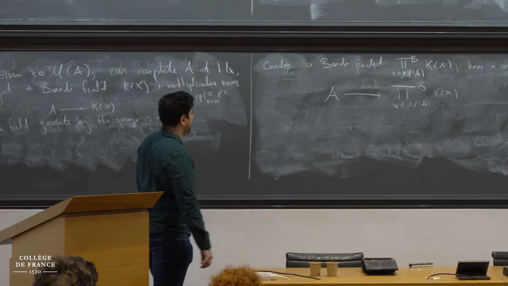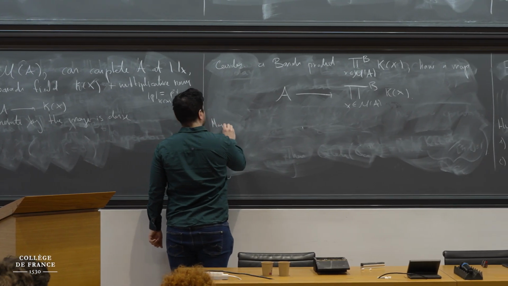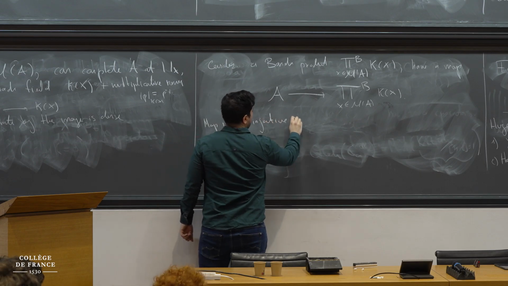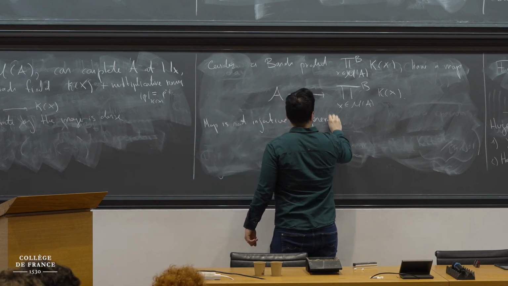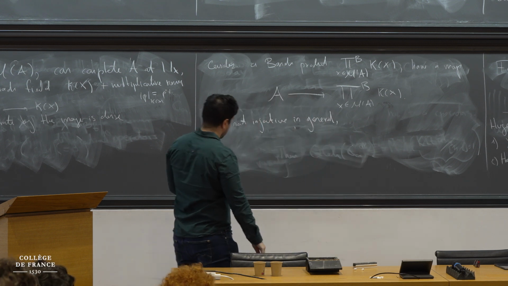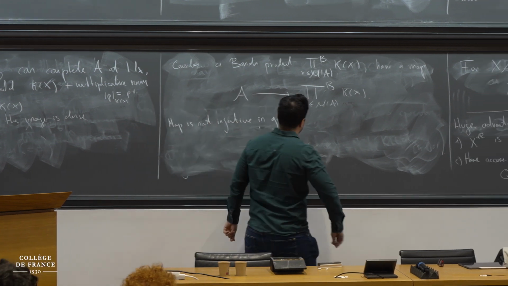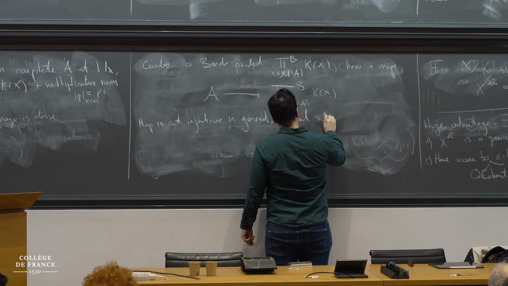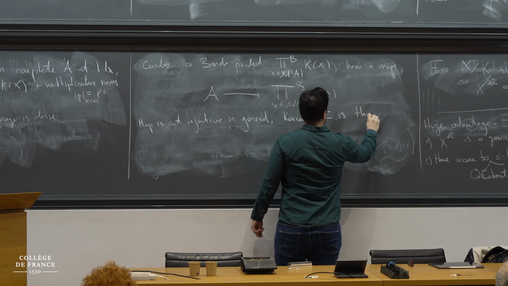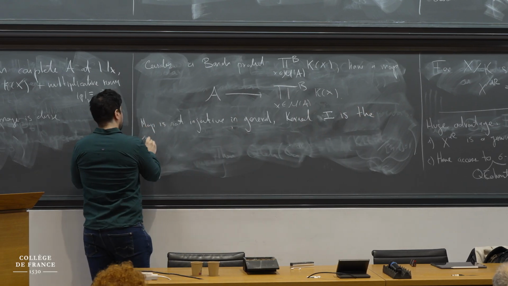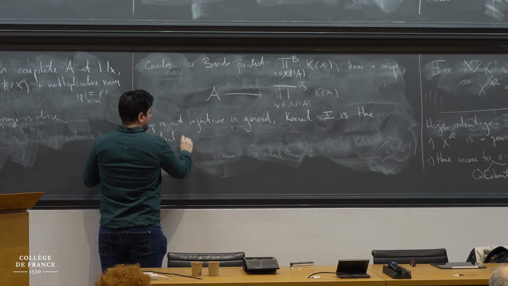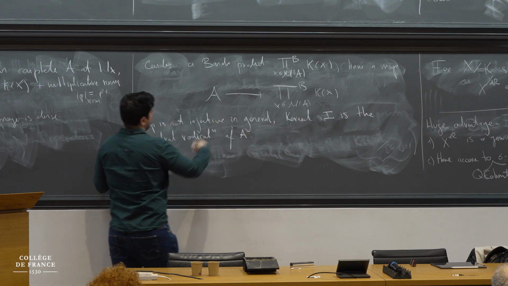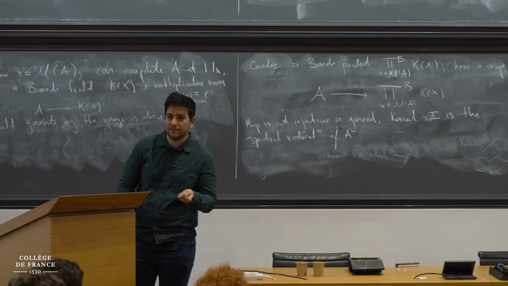So this map is not injective. The kernel is what we call the spectral radical of A. We call it I. It's essentially all those functions whose values at points vanish.